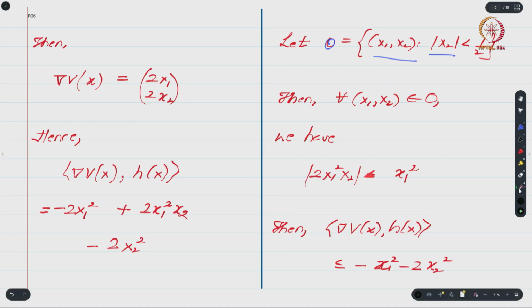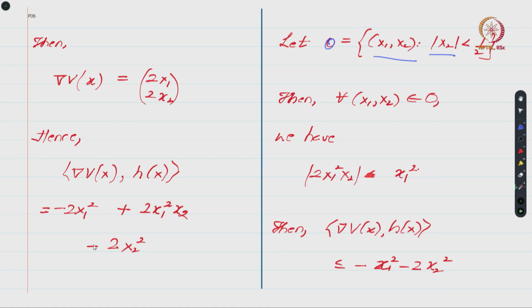And from this one can conclude that for any x which lies in this neighborhood O, this inner product is actually minus x1 square minus 2x1 square. So recall that you had a minus 2 over here, and since this expression is strictly less than x1 square, their sum will result in a minus x1 square, and this minus 2x2 square is what you had over here.